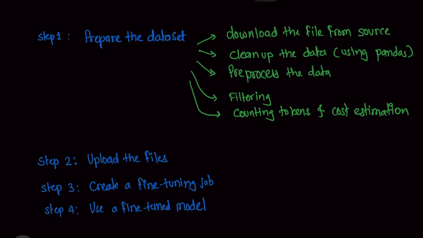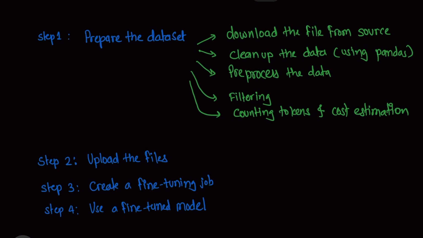We're going to pre-process the data to bring it into a format that we really want, delete unwanted stuff, maybe unwanted rows, putting it into the right format, and then filtering it out because the data set is so huge, and then maybe it's going to be very very costly for our project.